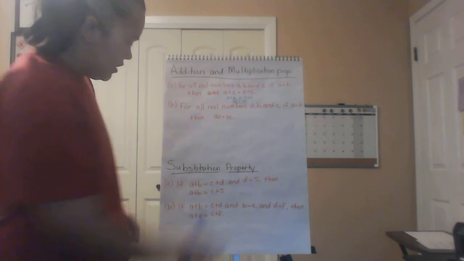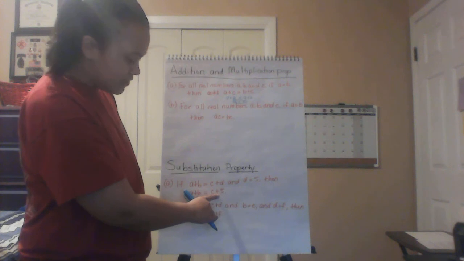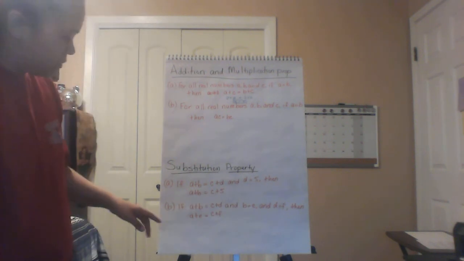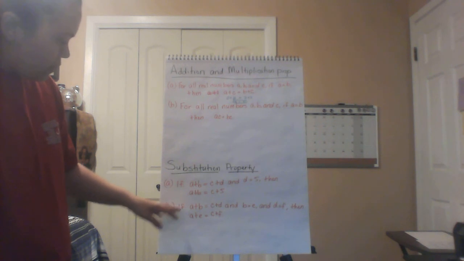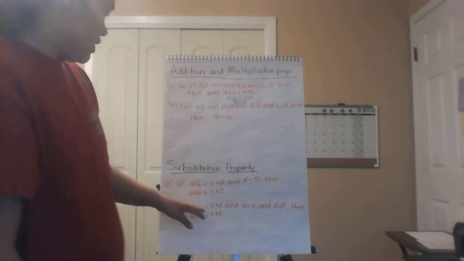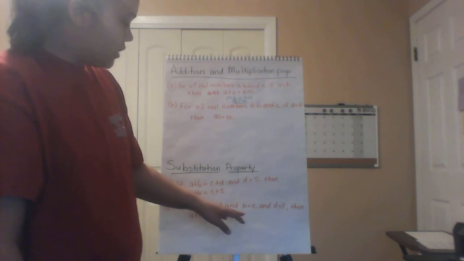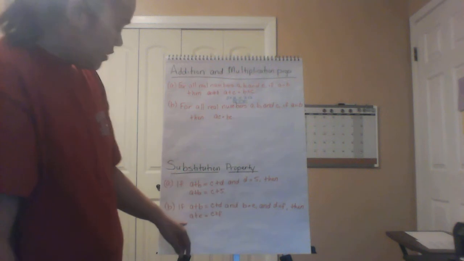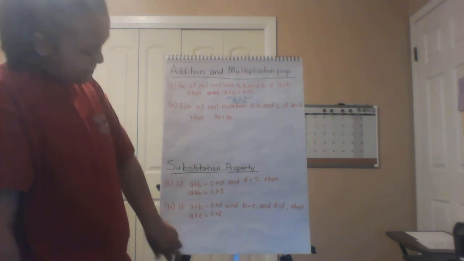All that did is wherever there was a D, they just substituted the 5 into it. And that's going to come in handy whenever we have a problem. And the second part of that says, if A plus B equals C plus D, and B equals E and D equals F, then that means A plus E equals C plus F.